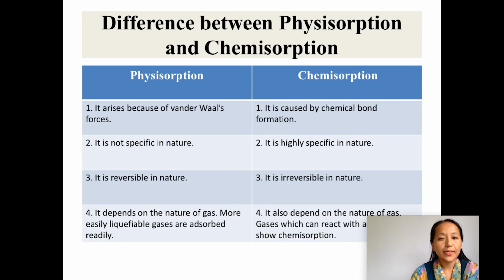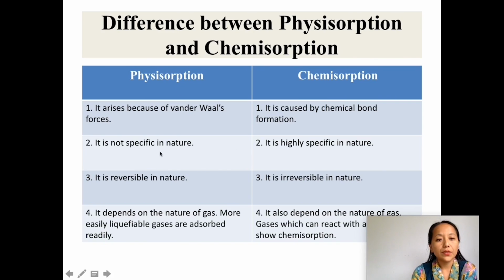Now let us look at the differences between physisorption and chemisorption. As we just discussed, the most important difference between the two is the presence of van der Waals forces in physisorption, whereas in chemisorption there is the formation of a chemical bond. The second difference is that physisorption is not specific in nature, whereas chemisorption is highly specific since it involves formation of a chemical bond, so certain reactants have to be present for that reaction to happen.